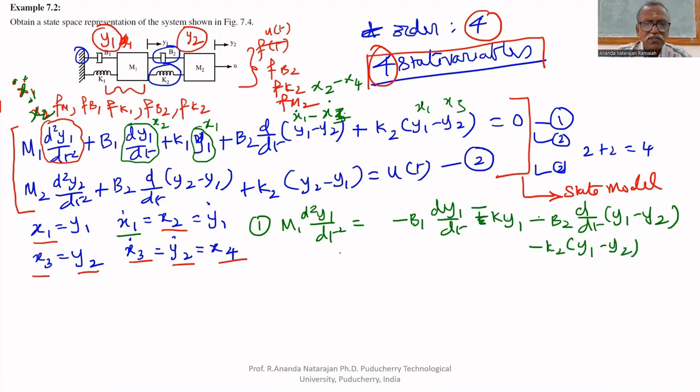Now substitute all these variables. Before doing that, we can bring this M1 to the right hand side.